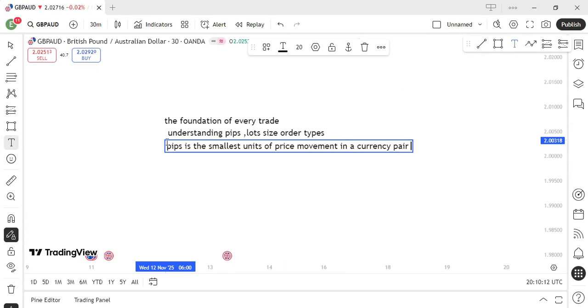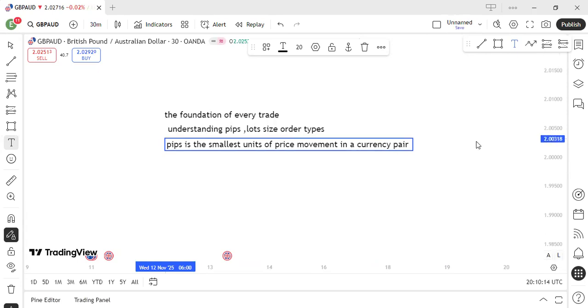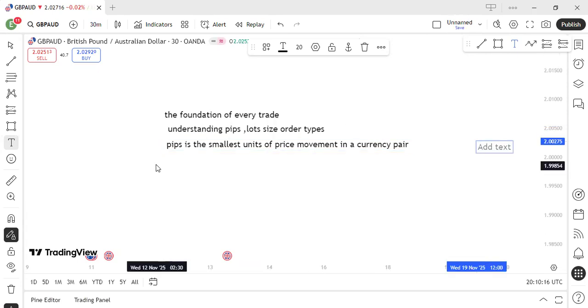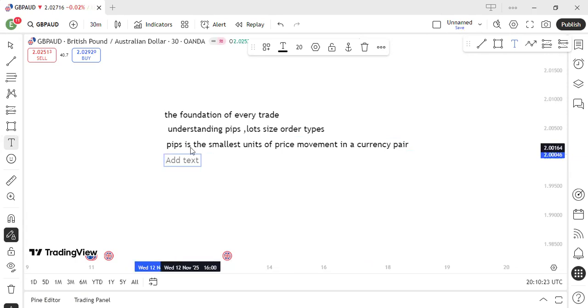Now, you know what price is? I told you in the first class that price is just the amount. If you talk about the price of a laptop, and I ask you to go and buy a laptop, you will tell me the price of the laptop is, let me say, 500,000.